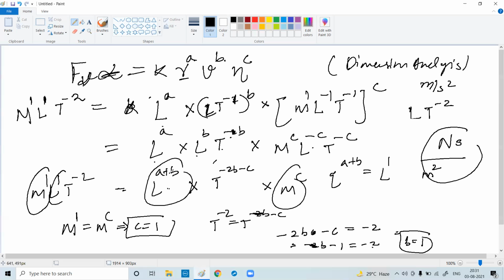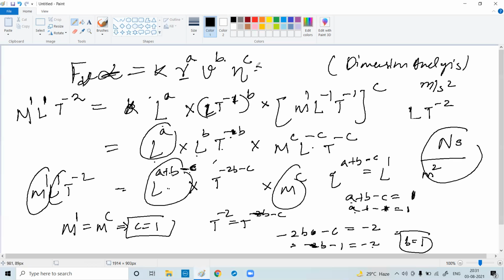So this will be L A plus B minus C. I made a mistake: L A, L B, and L minus C. So L A plus B minus C equal to L1, so A plus B minus C equal to 1. B is 1, C is also 1, so A obviously will be 1. Then only it will be 1. Yes or no? So A plus B minus C is 1.